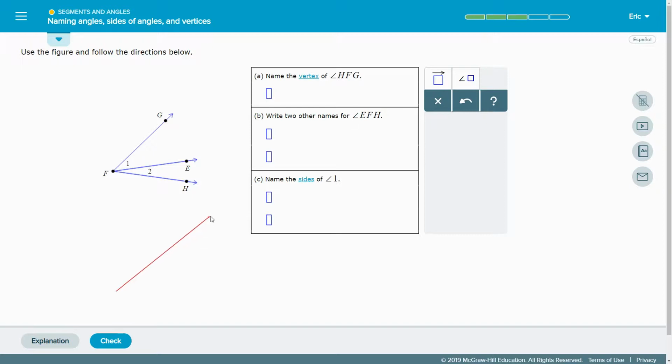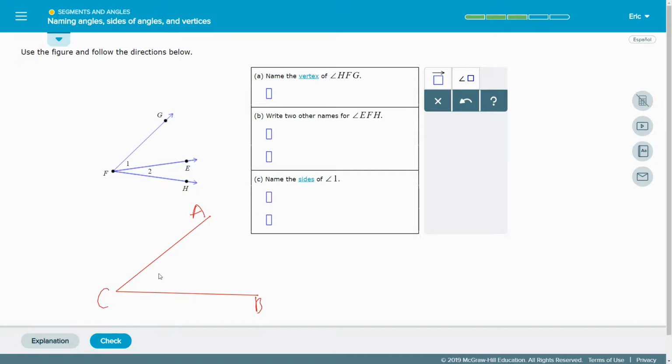So for example, if I draw this and then I draw this, that is an angle. Two different rays, which in this case, I'm going to call A and B and C. They both share point C, which we're going to call a vertex.